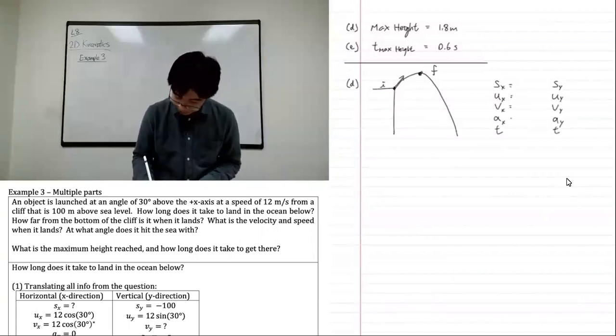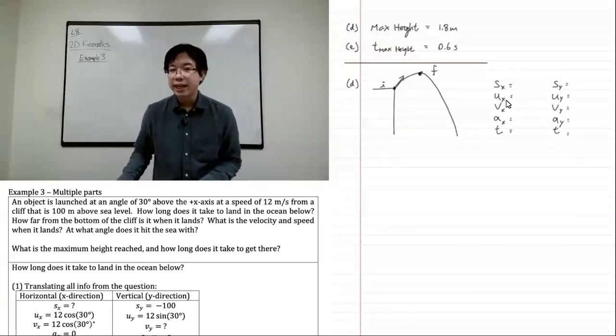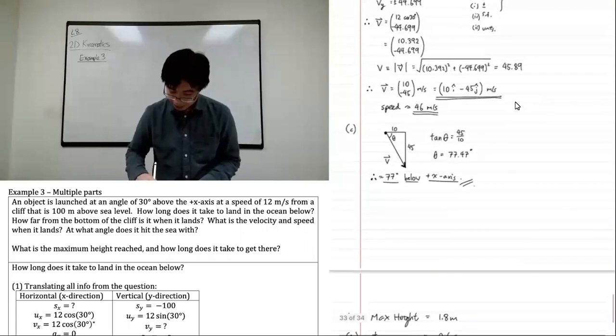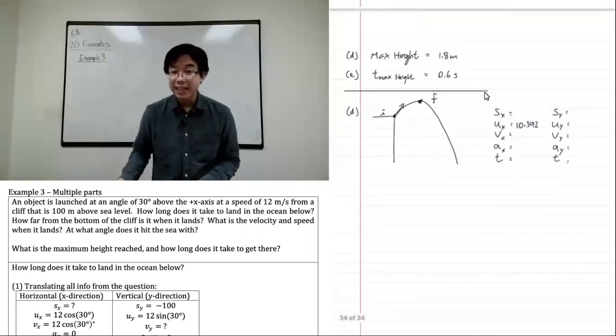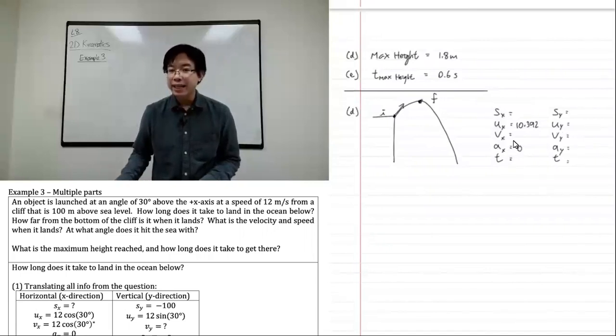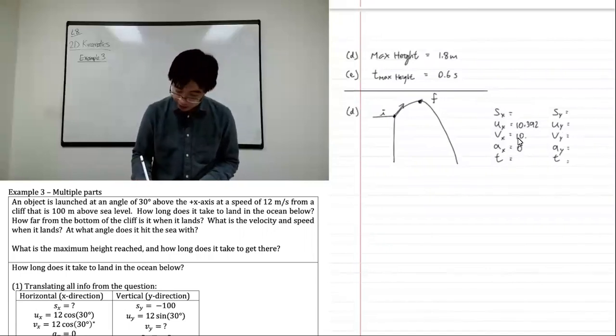So the initial x is 10.392. I think that's what I got up there. Yeah. And because there's no acceleration in the x, this is not going to change. This is going to be the same.